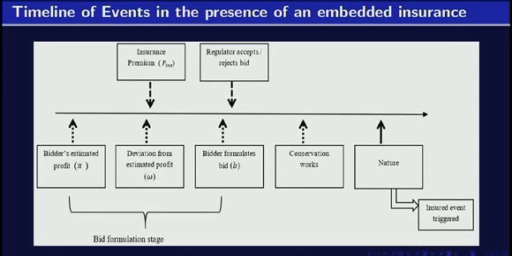And then after that, the regulator will rank and select, and then you carry out your conservation work, and then nature decides, well, you made a loss. In this case, you won't have any problem because you had insurance, so you get compensated. But for those who did not have insurance, it's too bad for them because some of them go bankrupt, or you have to look for other means of survival.